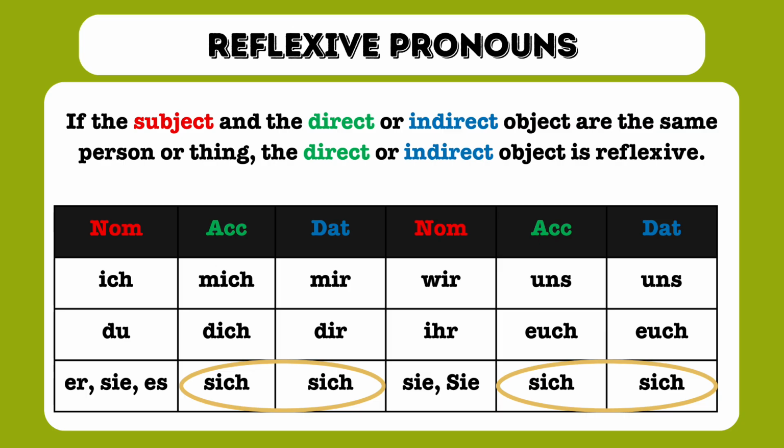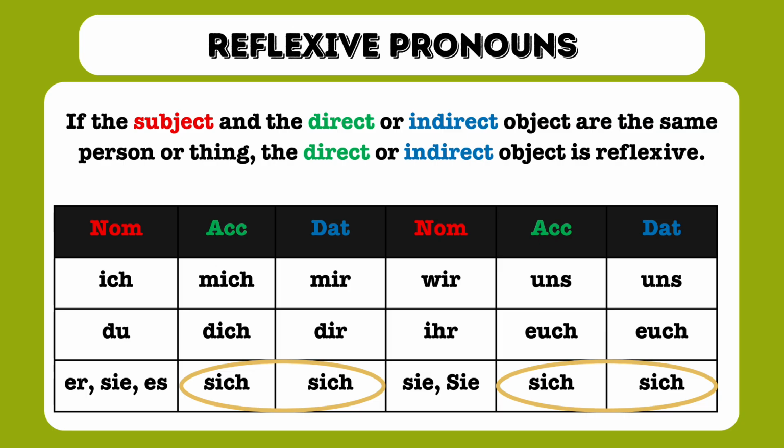This happens because er, sie, and es are all the same type of pronoun here. So rather than changing to ihn, which would be he changing to him, we now have he, she, and it changing to himself, herself, and itself. All of them end up being sich in German as a reflexive.